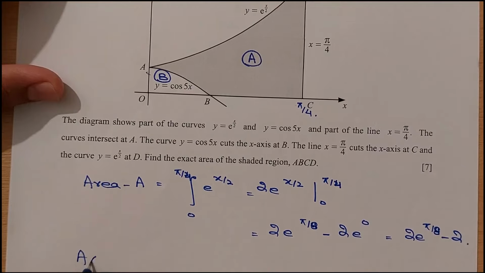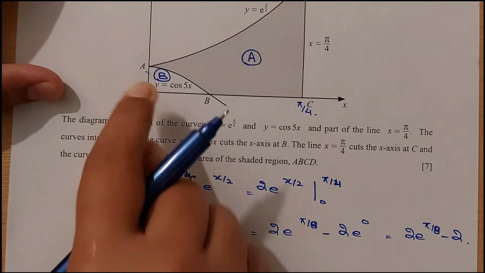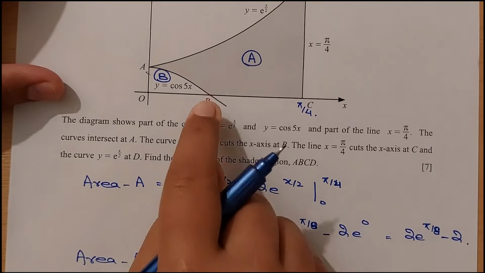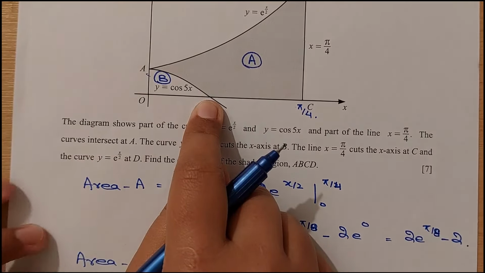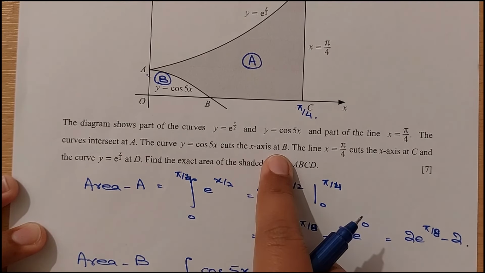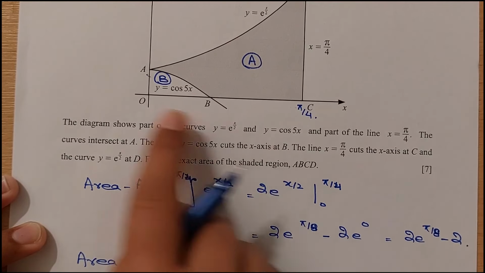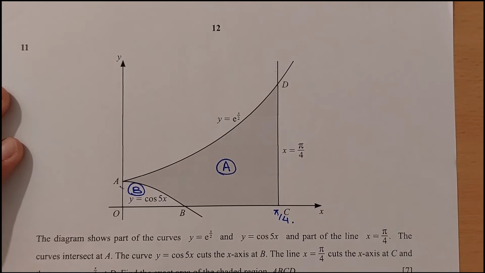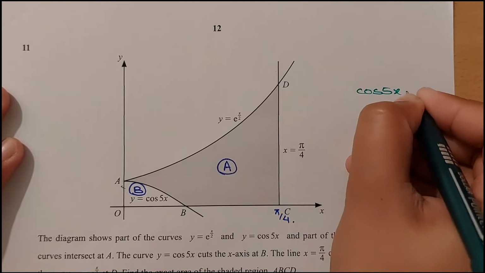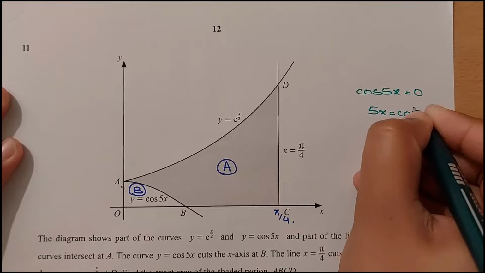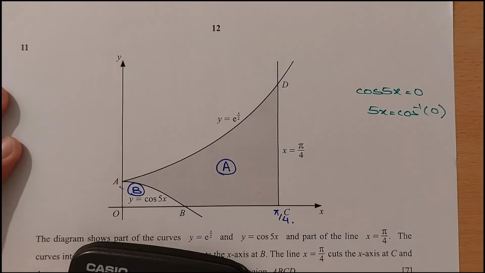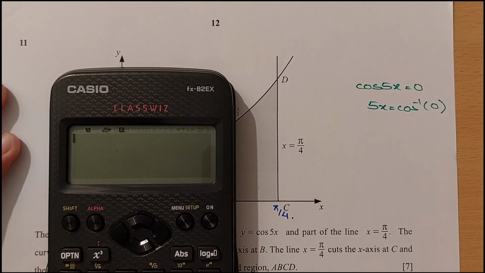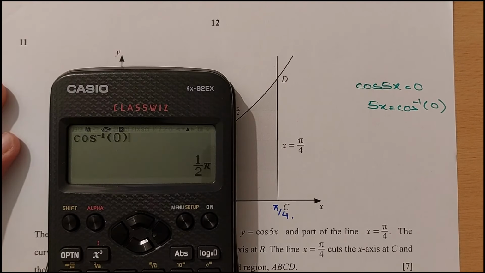Now let me find area B. It is the integration of this curve, cos 5x, from x equals 0 to x equals the coordinate of B. So first we need to find the coordinates of B. We are given that this curve cuts the x-axis at B. When it cuts the x-axis, y equals 0, so cos 5x equals 0. Then 5x equals cos inverse of 0, in radians, which is pi by 2.